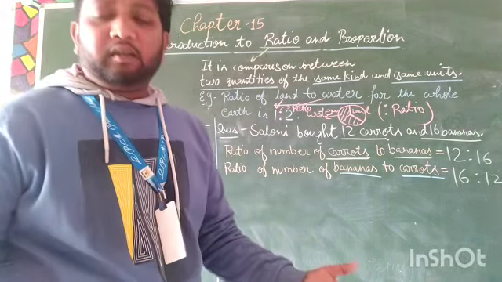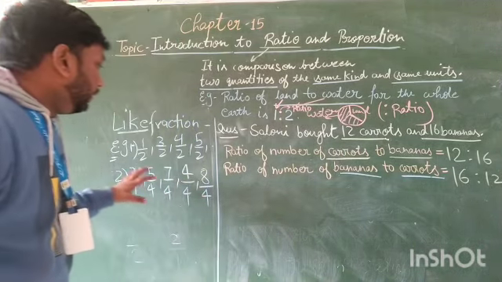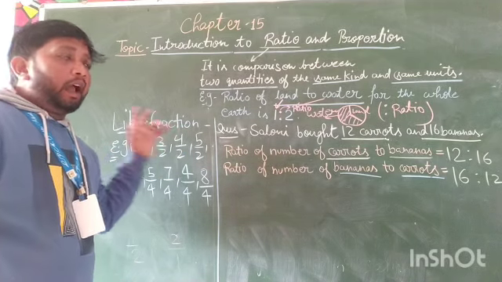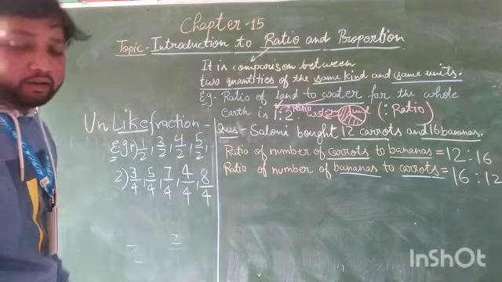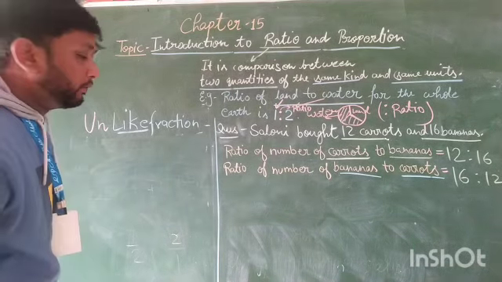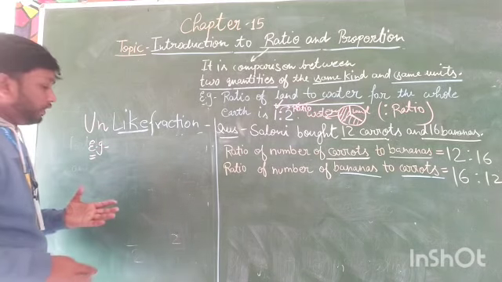If the denominator is not the same, if the denominator changes, then like fractions become unlike fractions. So what are unlike fractions? We just have to change the denominator. The denominators must not be equal.